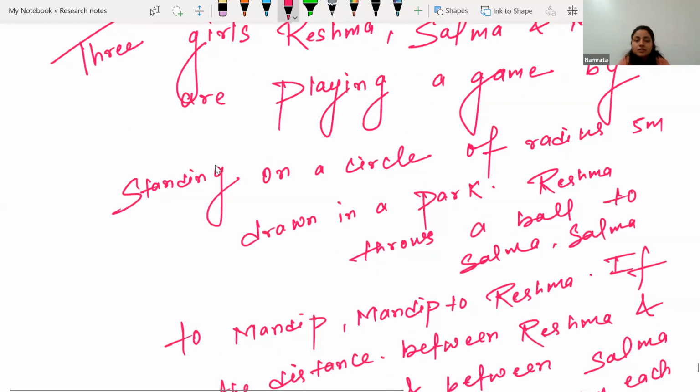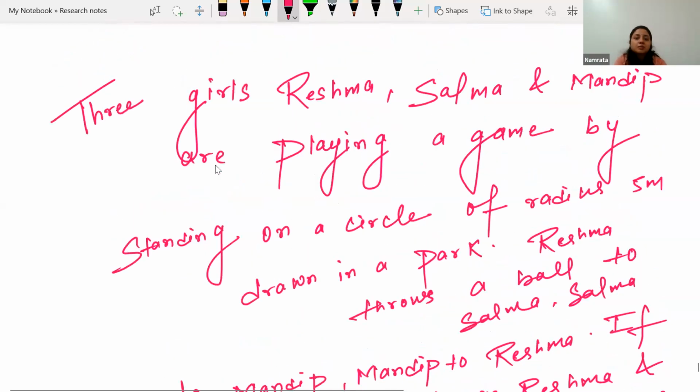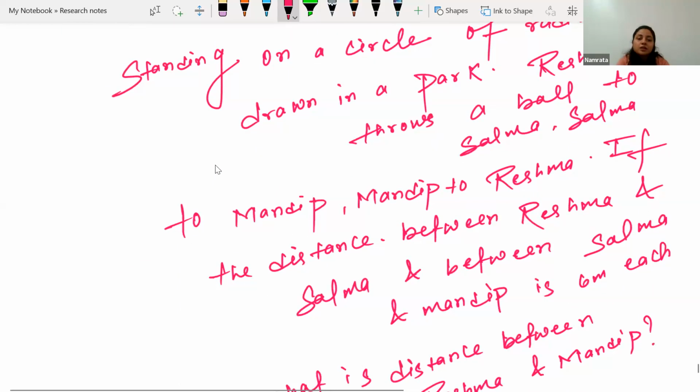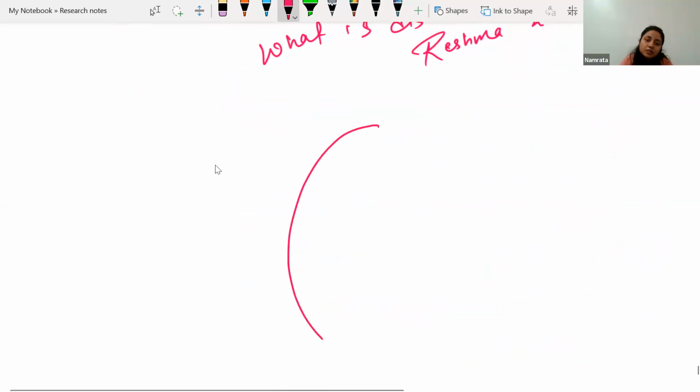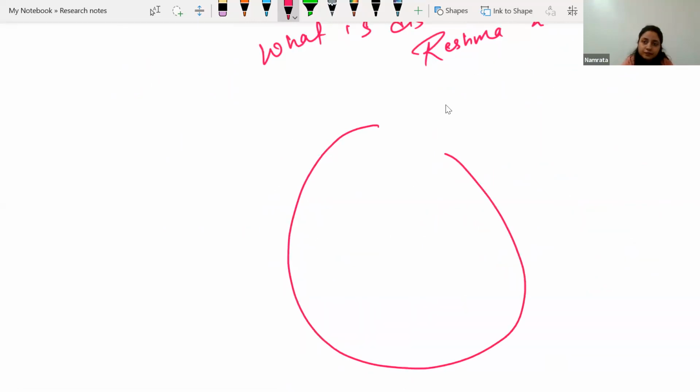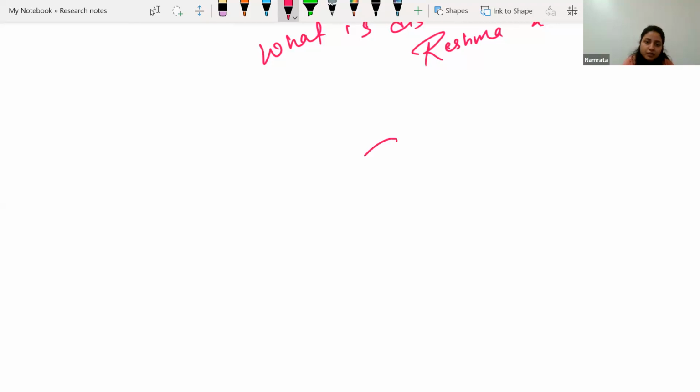Let's see what the question says. Three girls, Reshma, Salma and Mandeep, are playing a game. How? By standing on a circle. The circle has radius 5. Reshma throws a ball to Salma, Salma throws it to Mandeep. We have a circle like this.